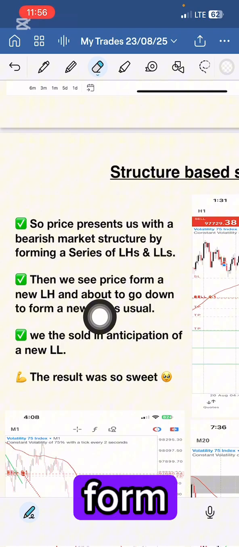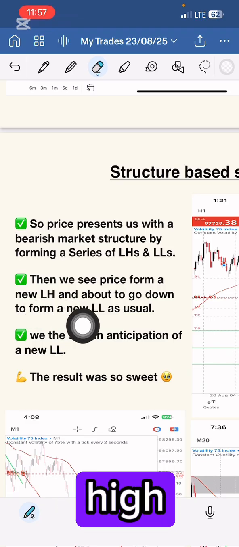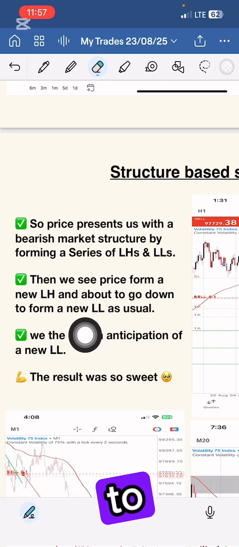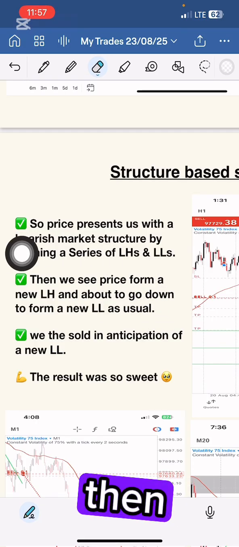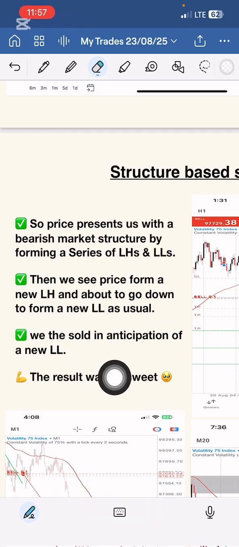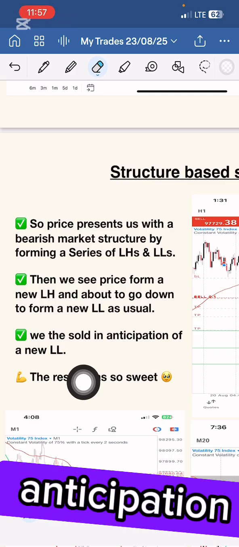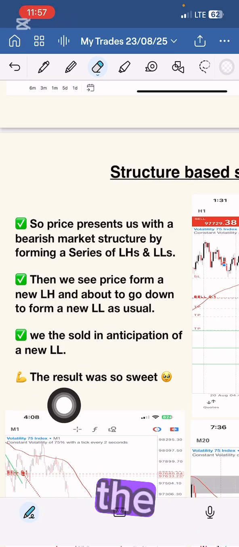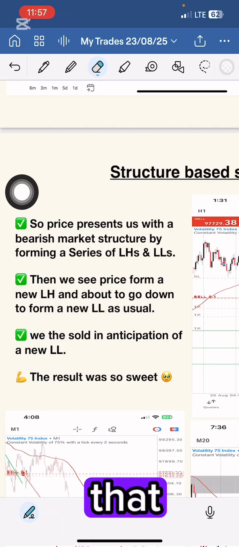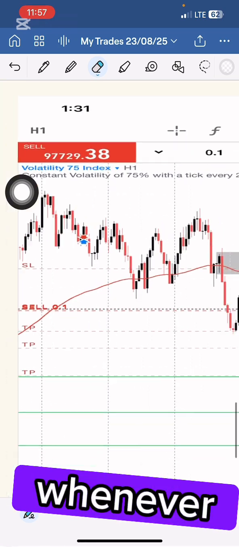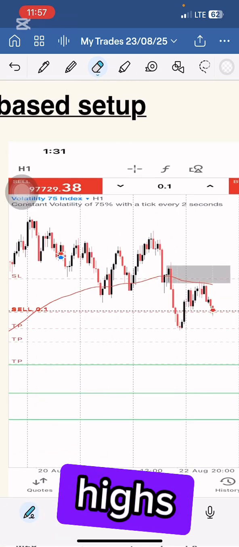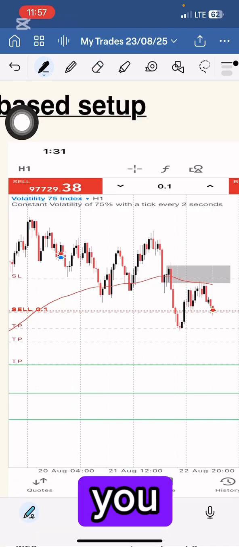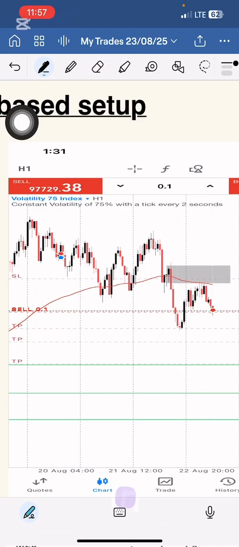Then we see price form a new lower high and about to go down to form a new lower low as usual. Then we sold in anticipation of a new lower low. The result was sweet. So what that means is that whenever you see price giving you a series of lower lows and lower highs, obviously you will know that you are in a downtrend.